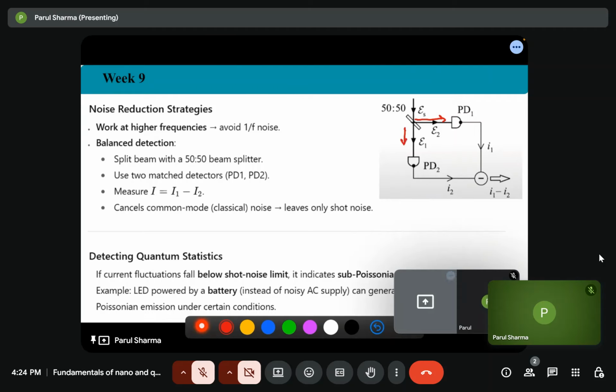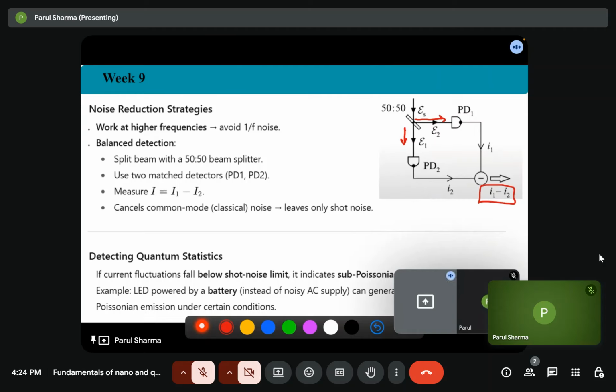And we will pass it through photodiode 1 and photodiode 2. Then at the detector we will measure the difference I1 minus I2.